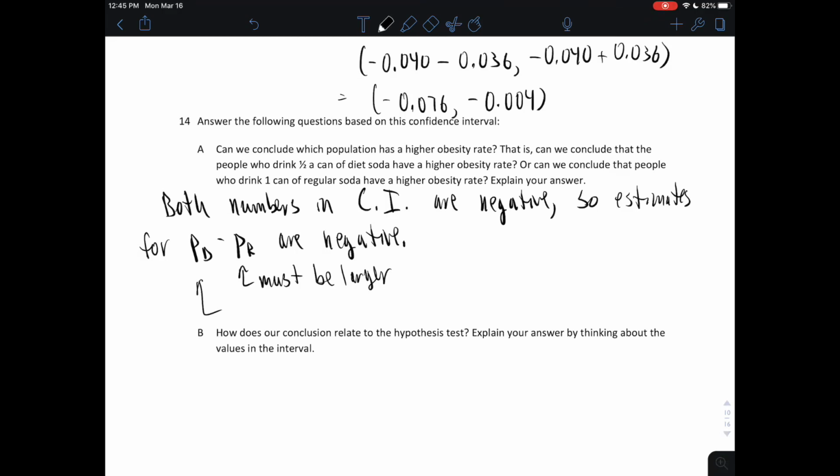Which also means that the first number must be smaller. So this is telling us that the proportion is less for those that drink diet soda. So when it says which one can we conclude have a higher obesity rate, it must be that those who drink 1 can of regular soda.